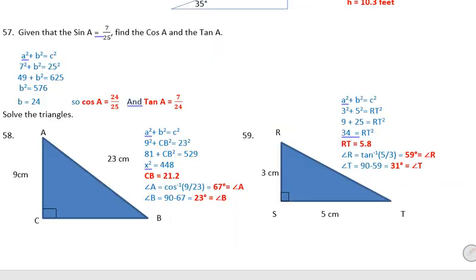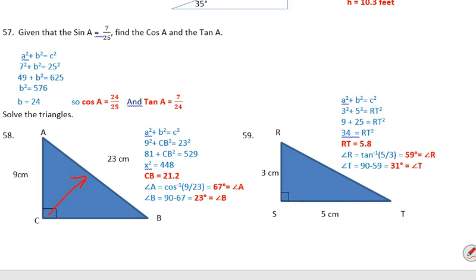Our last two problems say solve the triangles. So here we have 2 of 3 sides, so we can use the Pythagorean theorem to solve for the third side. So we do A squared plus B squared equals C squared, again realizing that that's our hypotenuse over there. And that's how we solve for CB. Then if we're trying to find the angles, we're going to have to use a ratio.